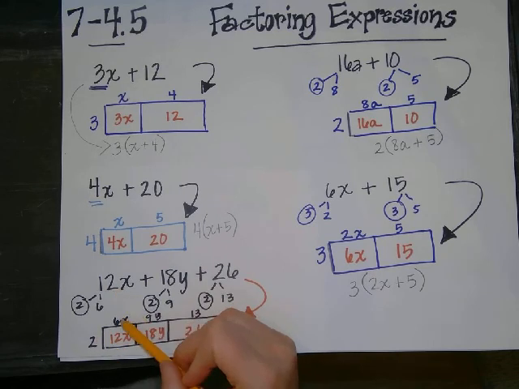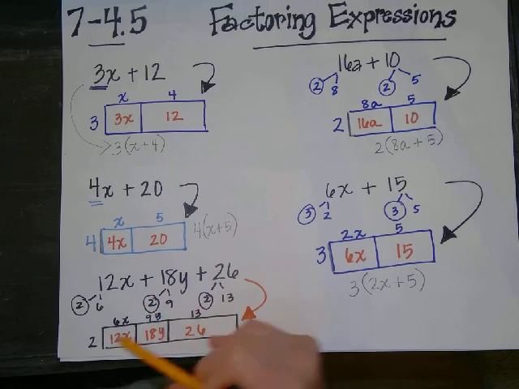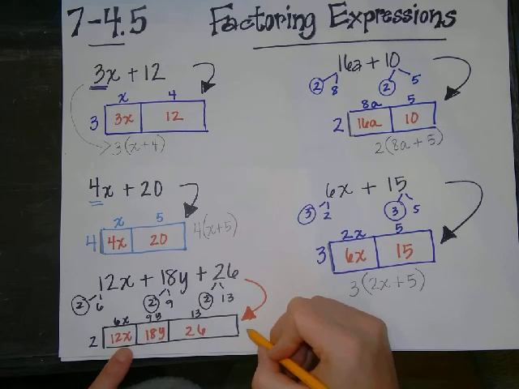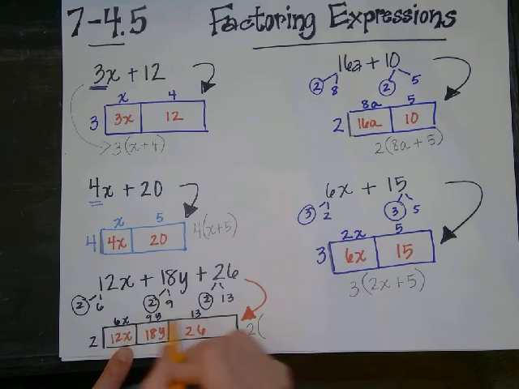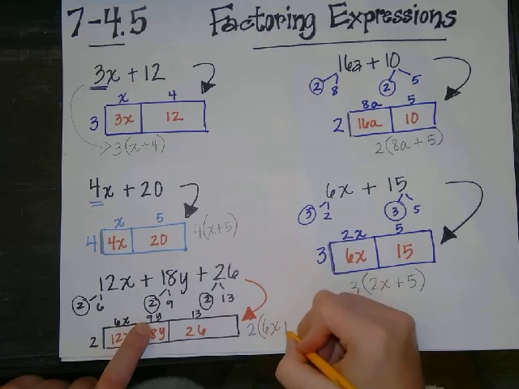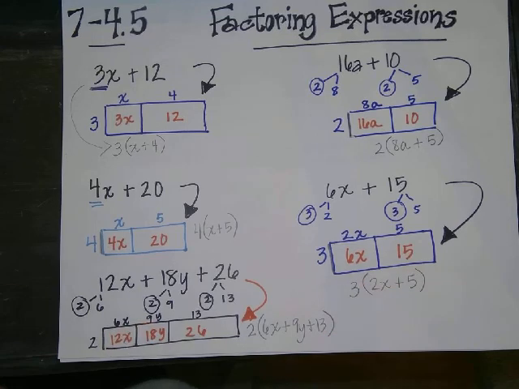So then I say, what do I multiply by 2 to get 12x? 6x. What do I multiply by 2 to get 18y? 9y. What do I multiply by 2 to get 26? 13. So my factored form becomes 2 times this entire side, you guys. 2 times 6x plus 9y plus 13.